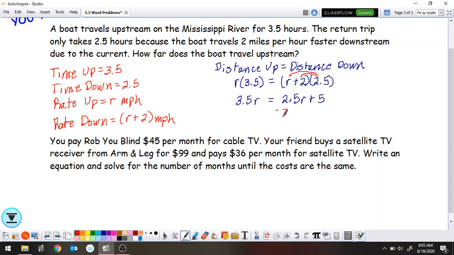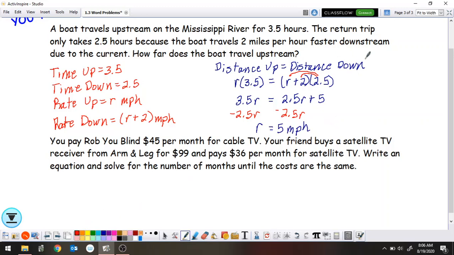Isolate the variable to one side. And we end up with the rate upstream is 5 miles per hour. And again, the problem was not asking for any sort of rate, it was asking for a distance.